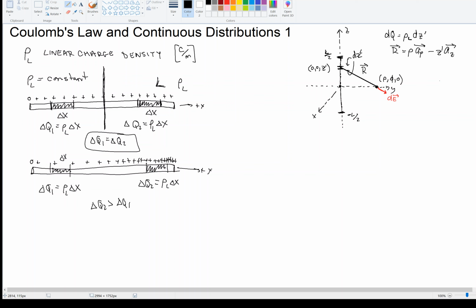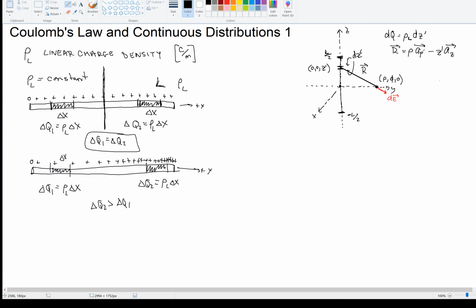Why is that? In getting from the infinitesimally thin slice to our field point, we have to go in the rho direction by rho. In this figure that I've drawn, that's kind of to the right.